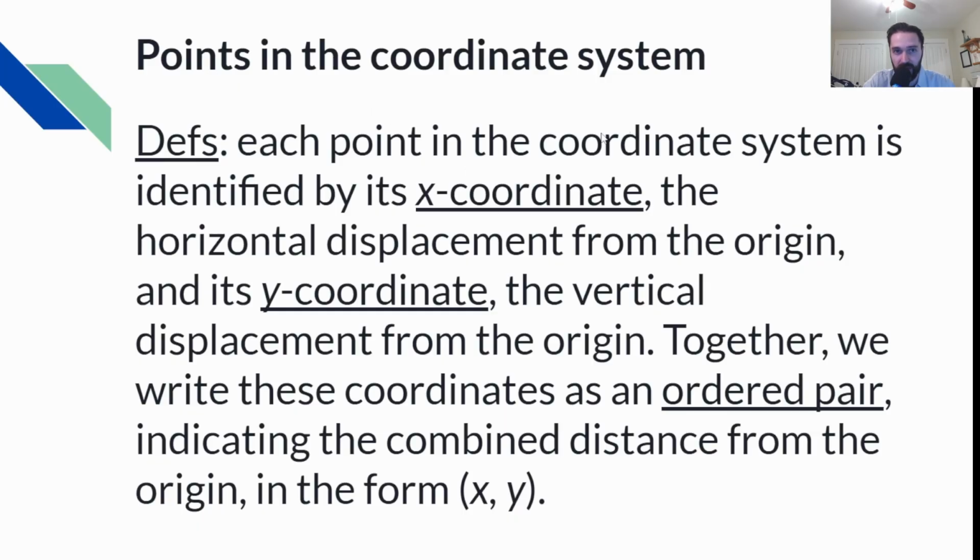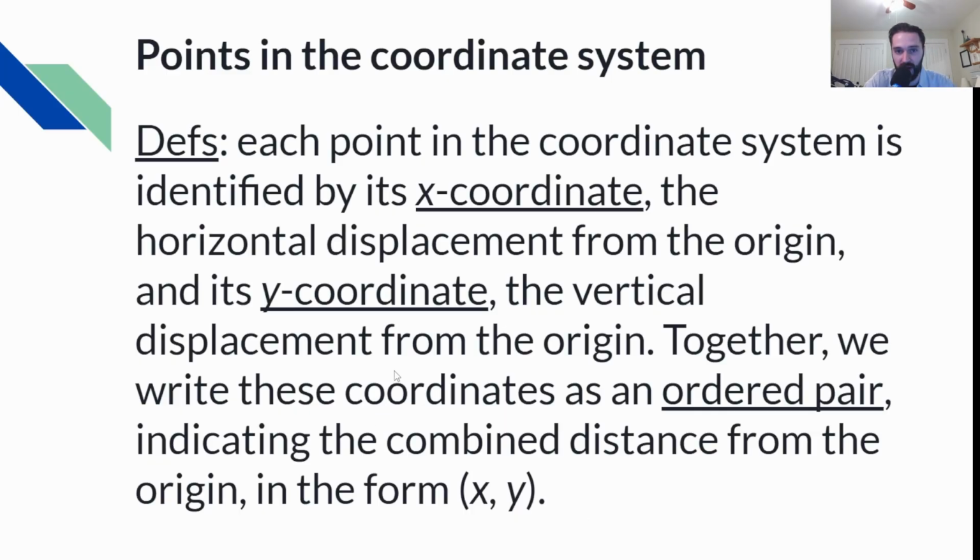Each point in the coordinate system is identified by its x-coordinate, which is the horizontal displacement from the origin, and its y-coordinate, which is the vertical displacement from the origin. Together, we write these coordinates as something called an ordered pair, indicating the combined distance from the origin in the form x comma y.